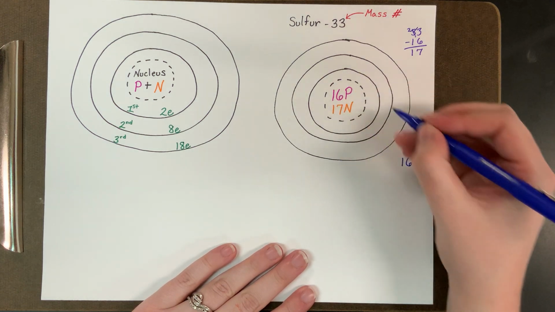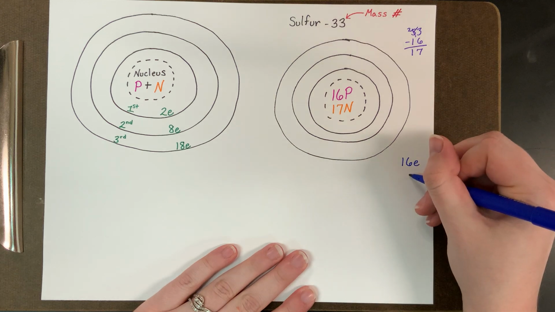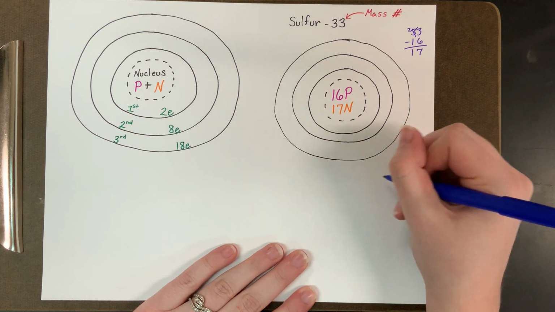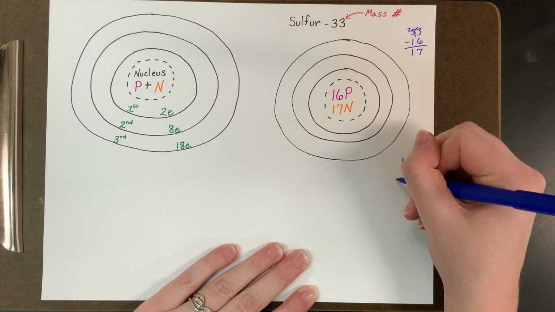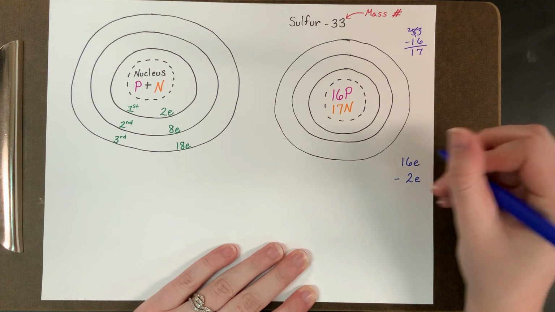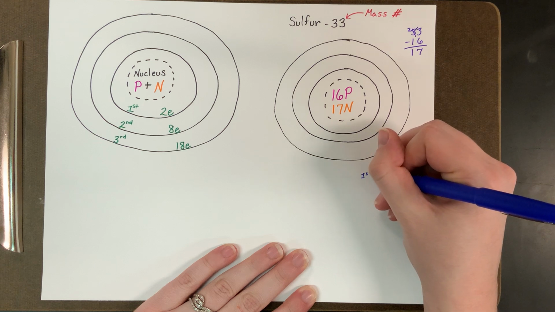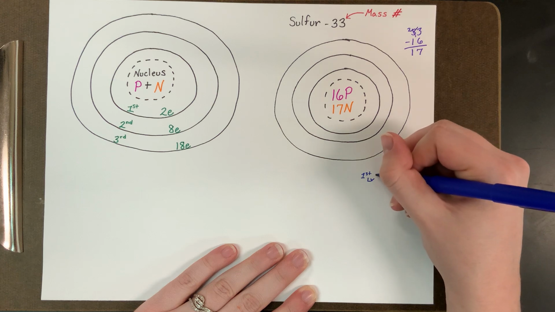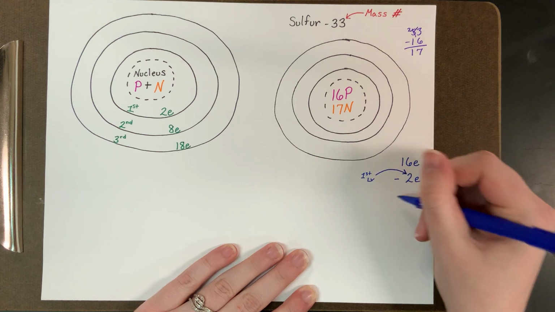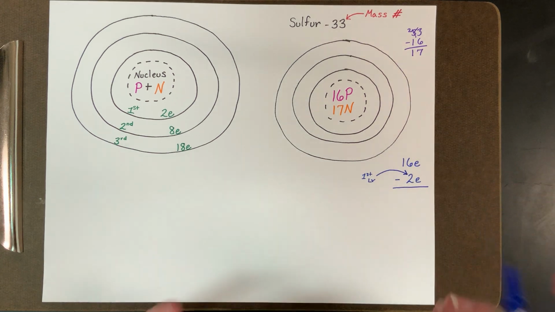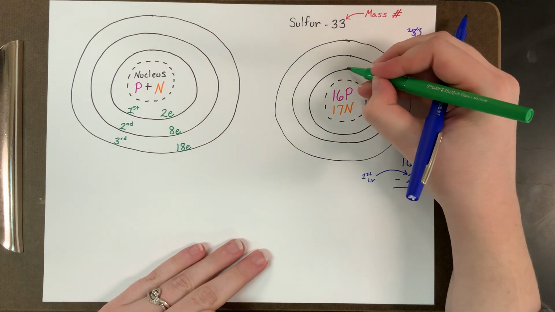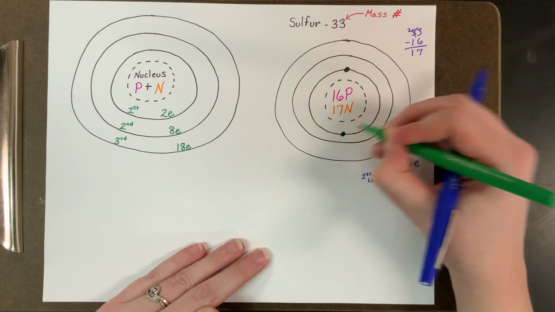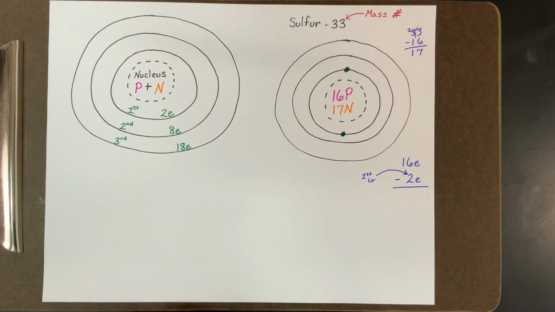So my first ring, we said, can only hold 2 electrons. And so I'm going to draw like a little arrow. This is the first level for that number 2 right there. So I have 2 electrons going on my first energy level.